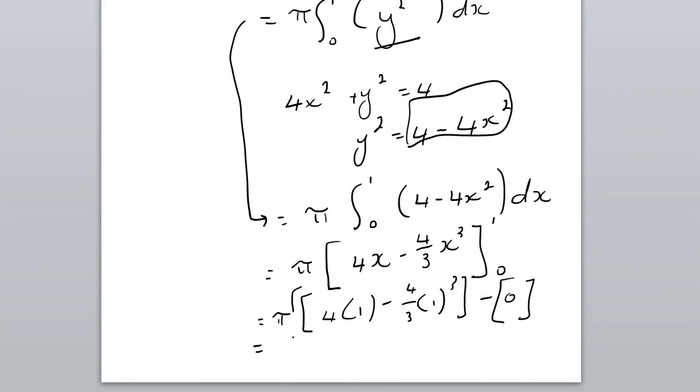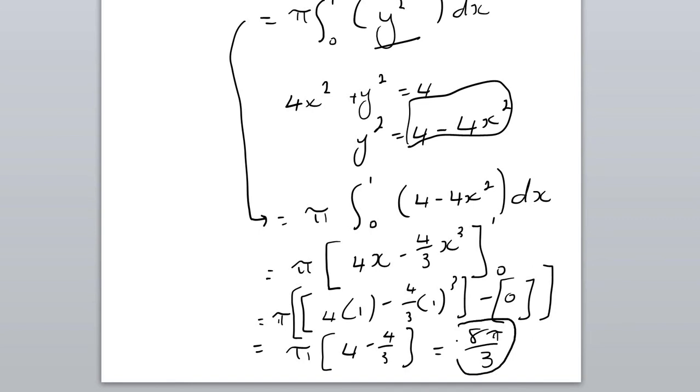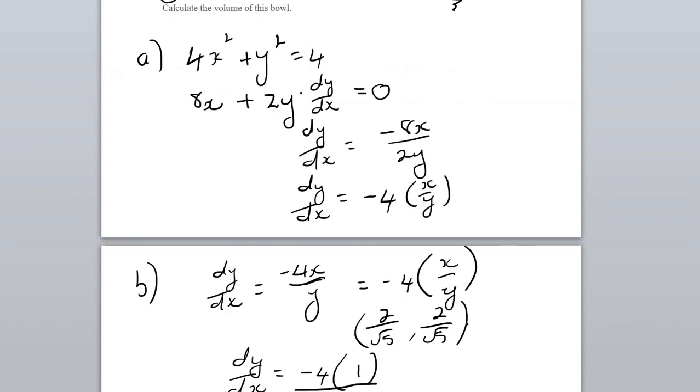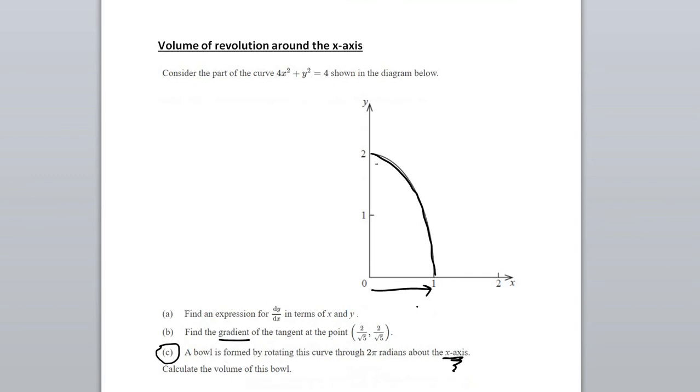Actually, this should have been in a larger bracket. That's fine. And now if I were to simplify this, I would get pi in brackets 4 minus 4 over 3. And now if I simplify this, I will get 8 pi over 3. Now this is the volume of revolution of my curve around the x-axis.